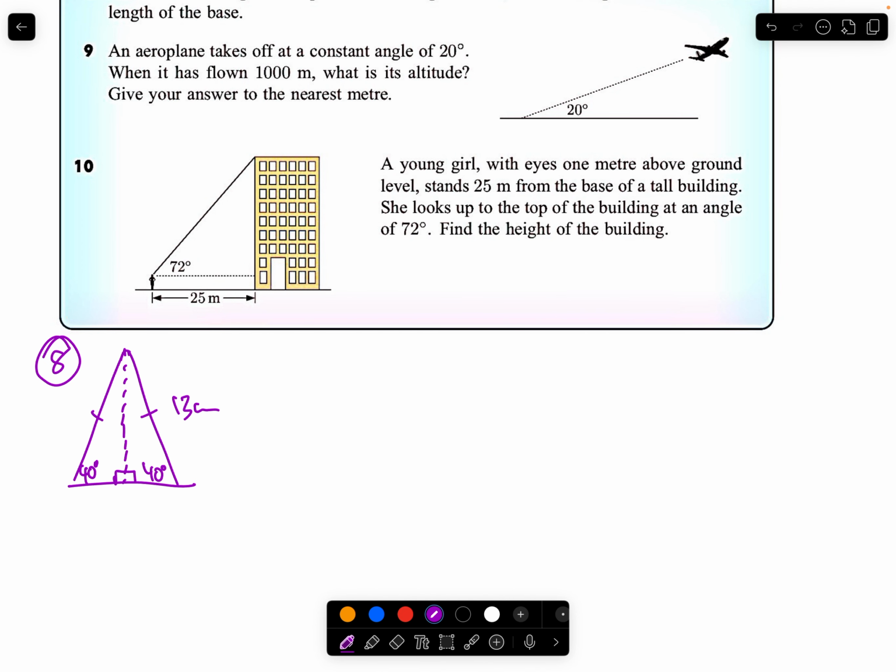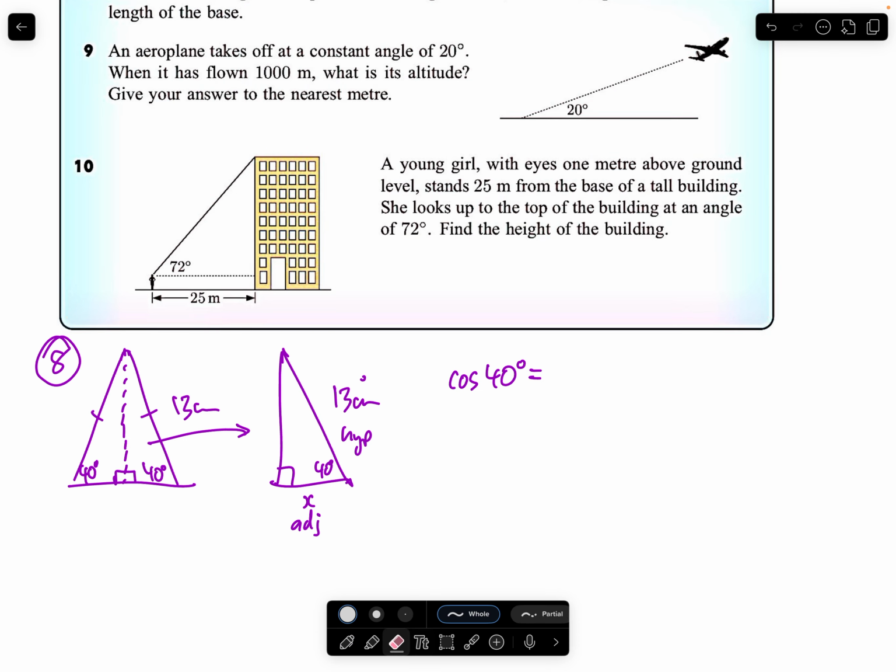A line straight down, dividing it into 2, cuts it into 2 right angle triangles. So we have 13. We have half the base, so let's call that x, and this is 40 degrees, so we have the hypotenuse and the adjacent. So cos 40 degrees is equal to, that was centimeters, not degrees.